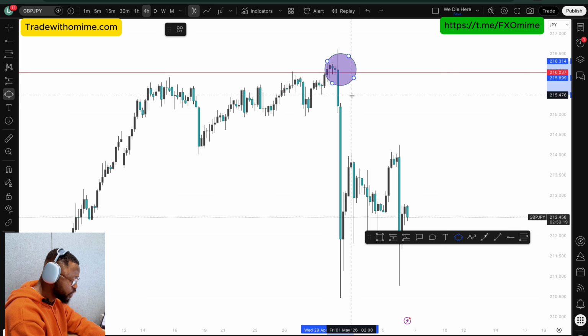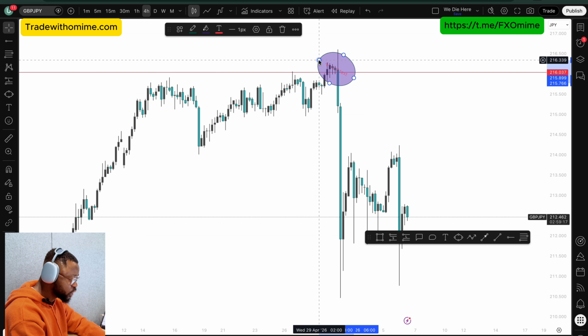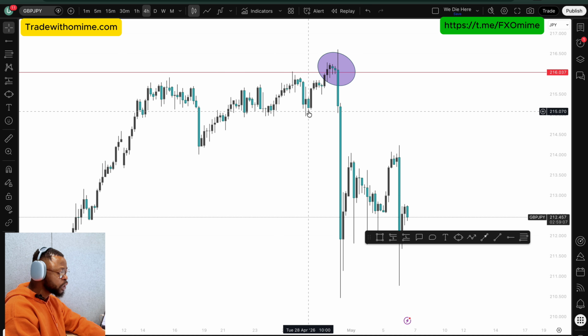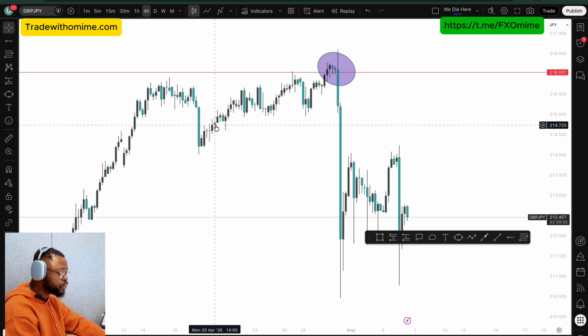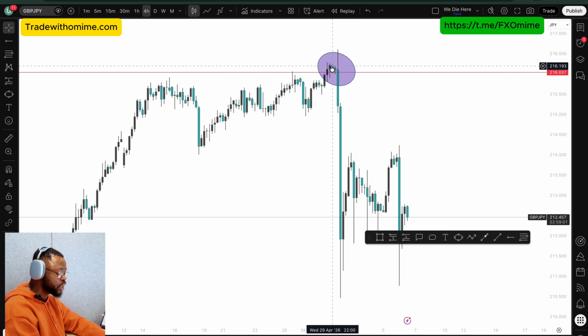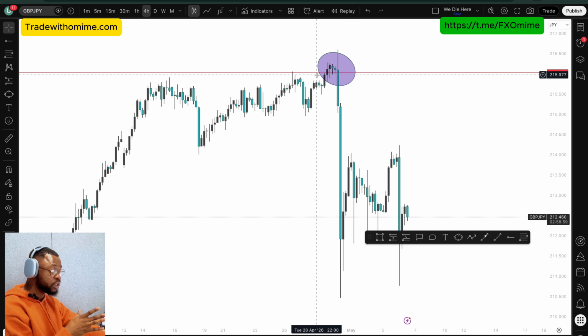This particular area here is where the monthly rejected. This particular place really taught me something, because in April, price was bullish and moving to that monthly area.